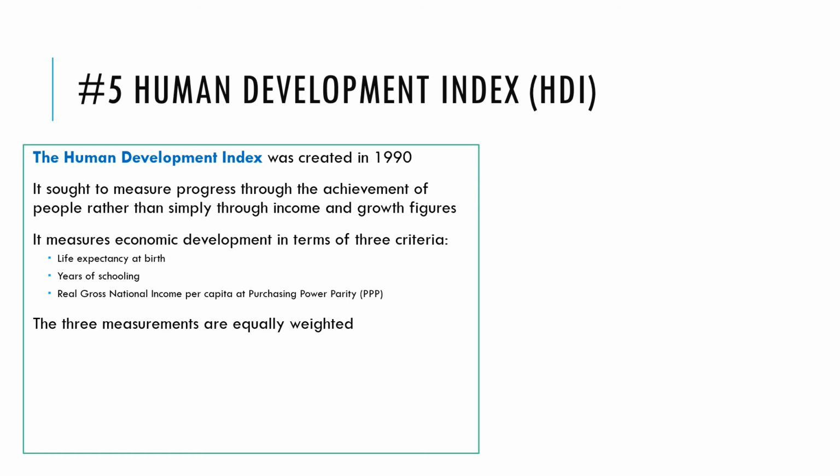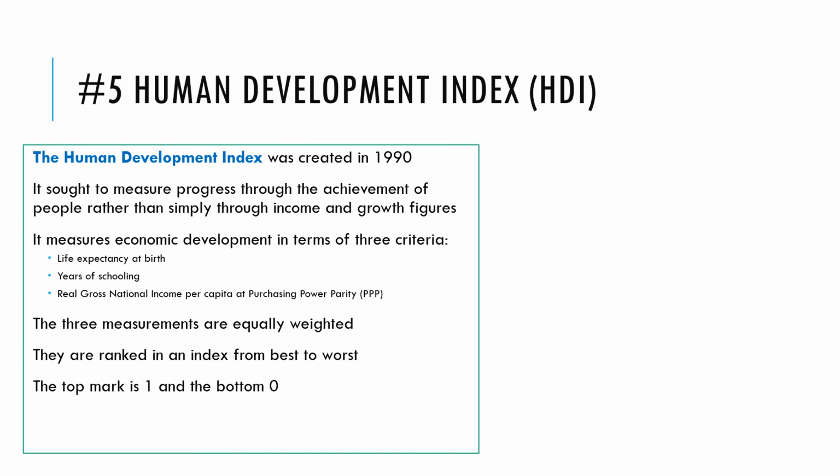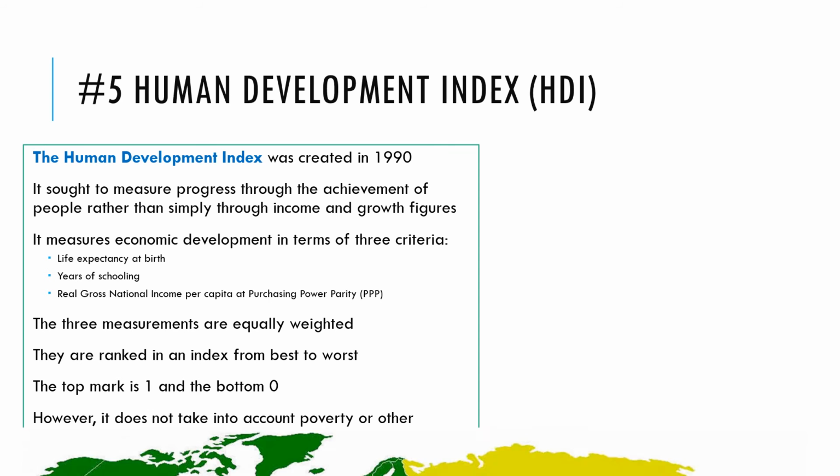They're equally weighted, and an average is taken and an index is created. The countries can then be ranked from best to worst. The top mark is 1 and the bottom is 0. It doesn't take into account things like poverty or any other measures of deprivation, so it's not a complete answer, but it does give us a good idea of how developed an economy is.